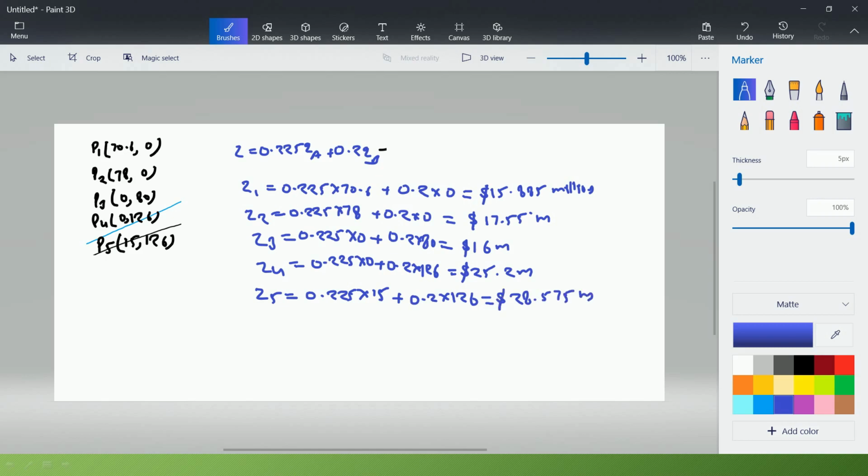So this is the number of deployments. QA should be equal to 15 and QB should be equal to 126 in order to have maximum profit. Okay, thank you.